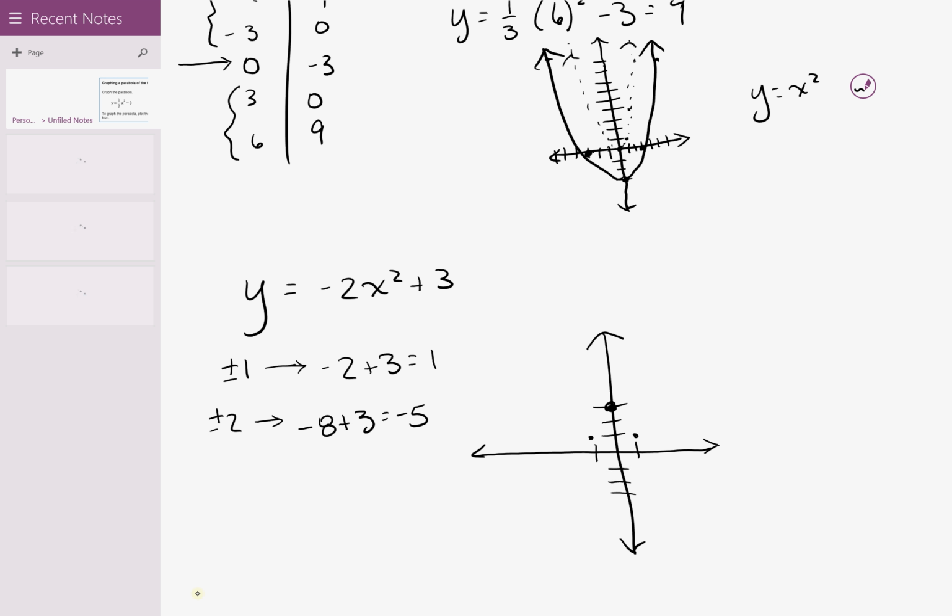So 1, 2, 3, 4, 5 here and here. And even though my scale isn't the same, but maybe even especially because my scale isn't the same, you can see that this parabola is skinnier or taller than this parabola is, but also that the negative makes it open downward.